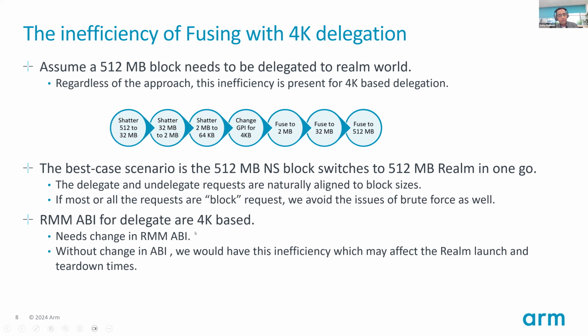So today the RMM ABI for delegate is 4 KB based, and essentially if we wanted to do a block fuse, we need a change in the RMM ABI. Without that change in ABI, we think this will affect the realm launch and teardown times. So yeah, this is another problem that we need to keep in mind.